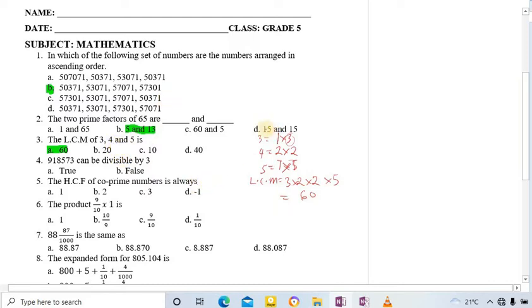Number 4, 918573 can be divisible by 3. Right, how do we test for the divisibility of 3?